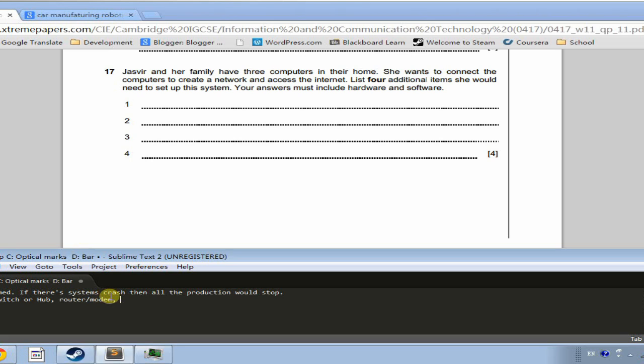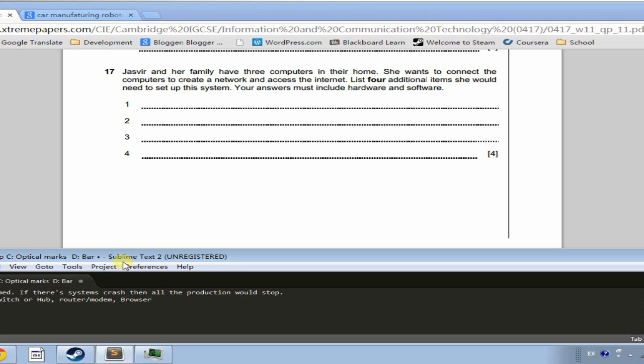So what else would she need if she was going on to the internet in terms of software? So the easiest one that comes to mind is going to be a browser. Now, looking at the marking scheme here, they also put down things like firewall, antivirus software, anti-spyware software.